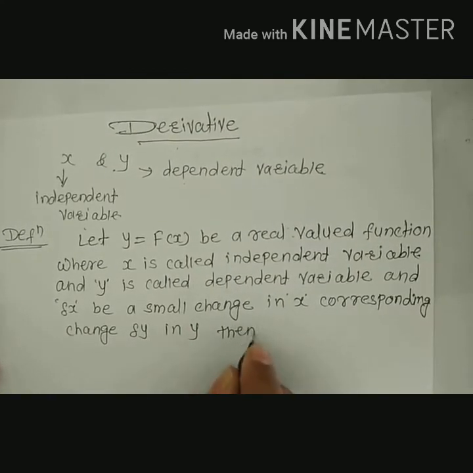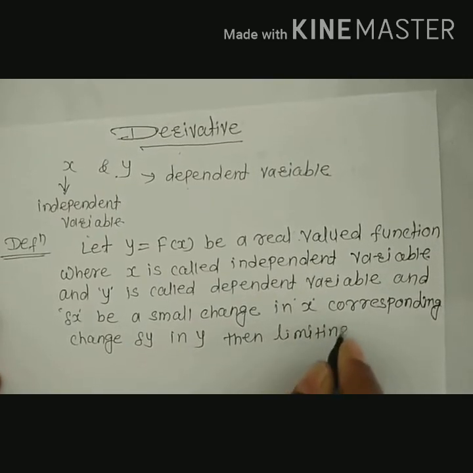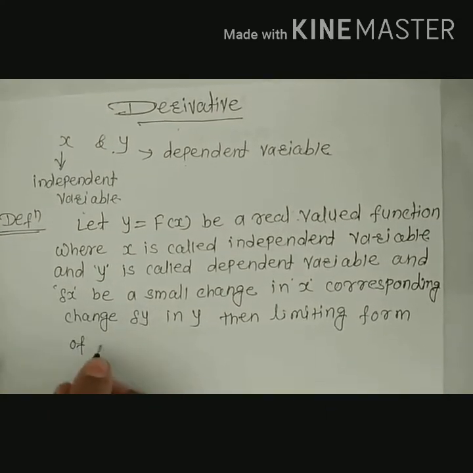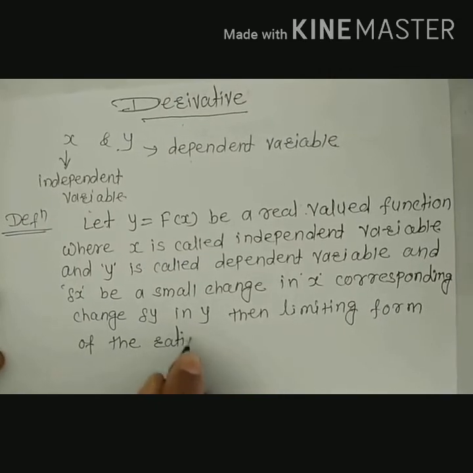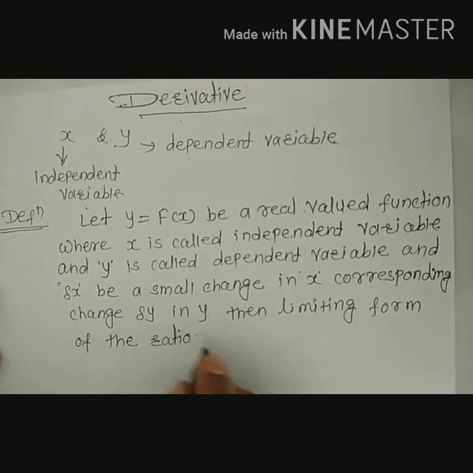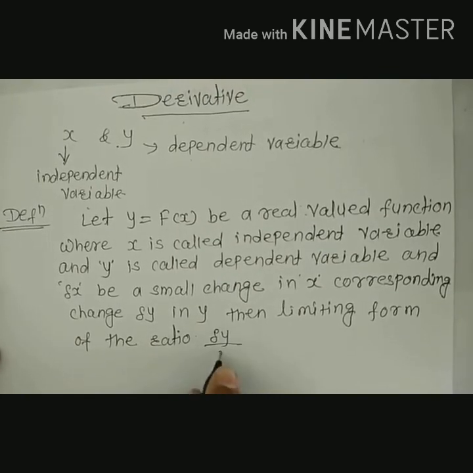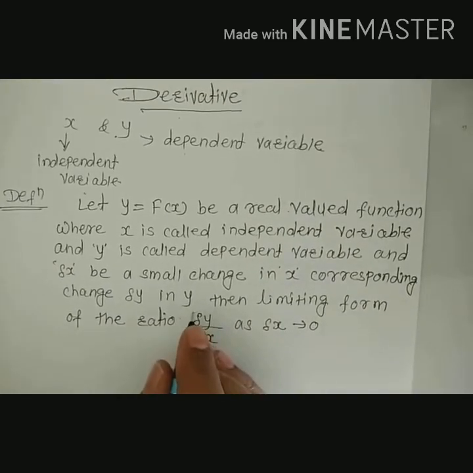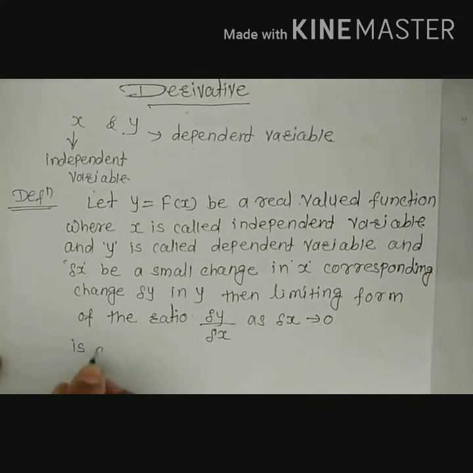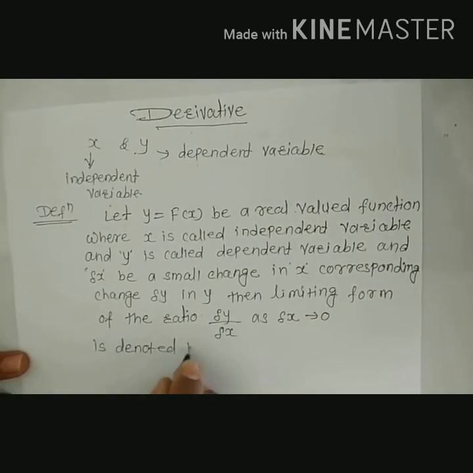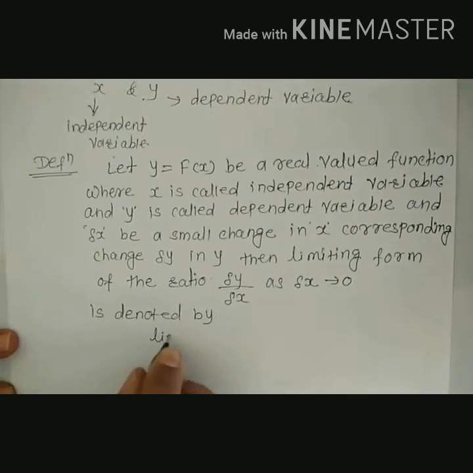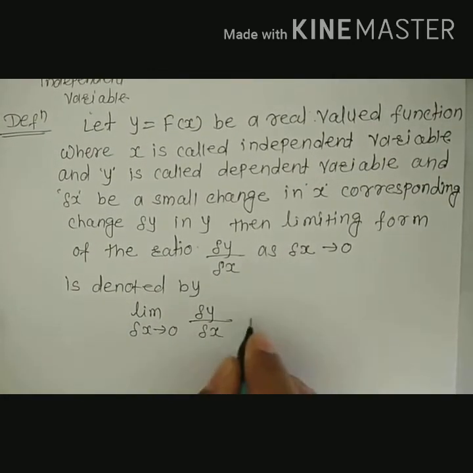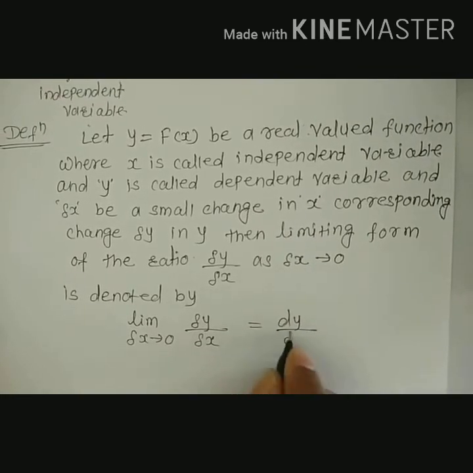Then the limiting form of the ratio delta y by delta x as delta x tends to 0 is denoted by limit delta x tends to 0 of delta y by delta x equal to dy by dx.